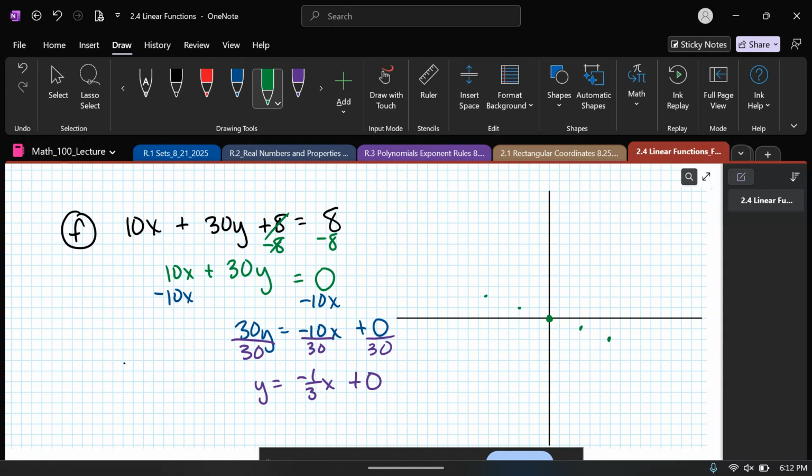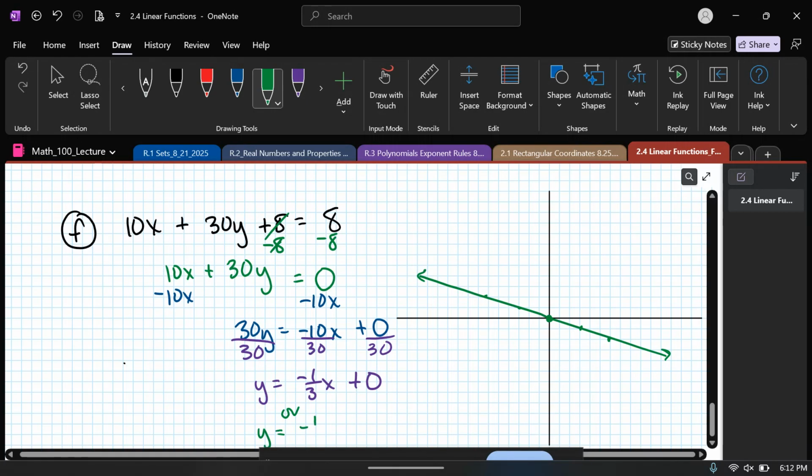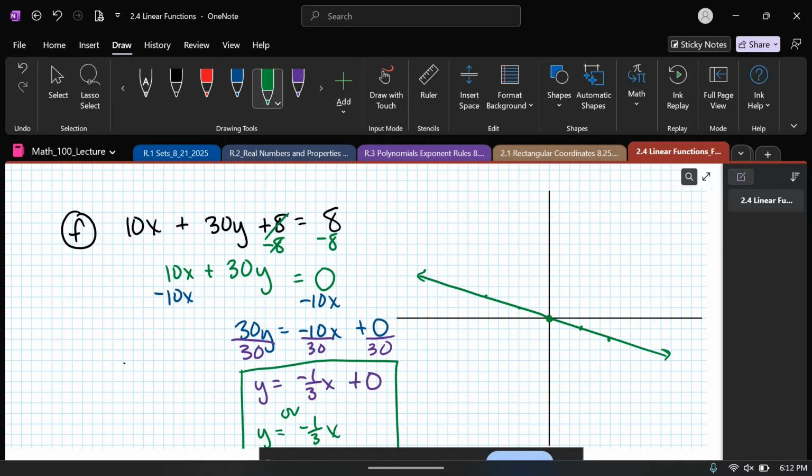And then there's my line. Either of those I would count correct, but on the multiple choice stuff that you're going to see, it's not going to have the plus 0 on there. They're not going to write that. I think it's helpful to have it, but you don't have to have it.